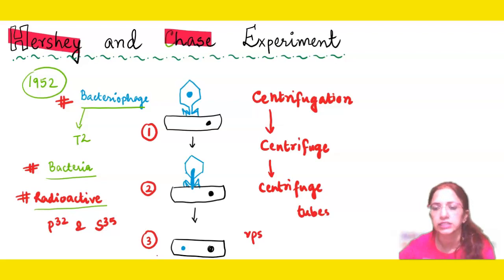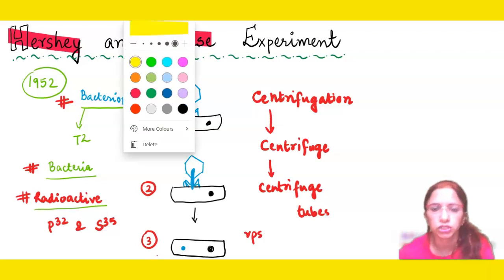We set it with the help of a button provided on the centrifuge, and then we turn it on. We also set the time for how long it has to run. Then the components in the centrifuge tube settle according to their density. So this concept was used by Hershey and Chase.